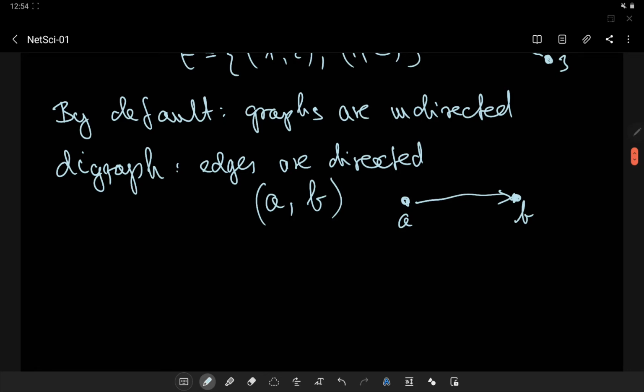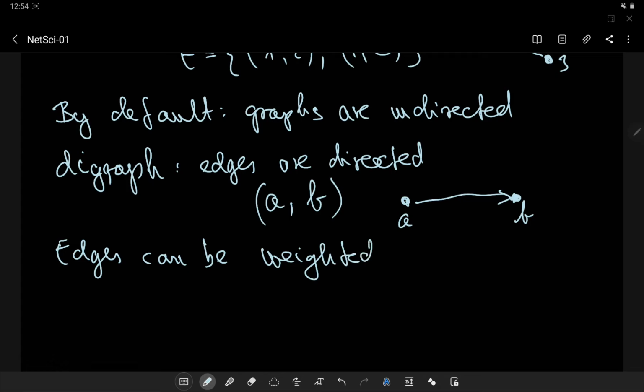The edges can also be weighted. Okay, weighted. What does it mean?